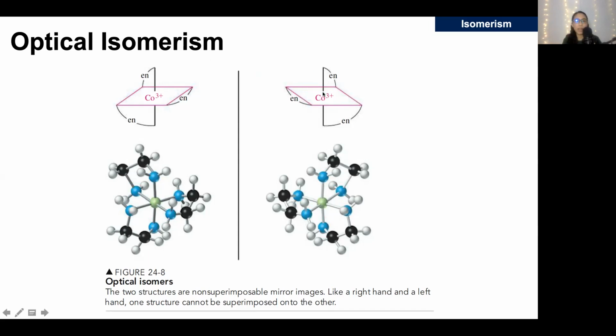If you blow through one of them, it will rotate in some direction, while the other one will rotate in the opposite direction. So this is your optical isomerism. Again, it is displayed often by polydentate ligands.